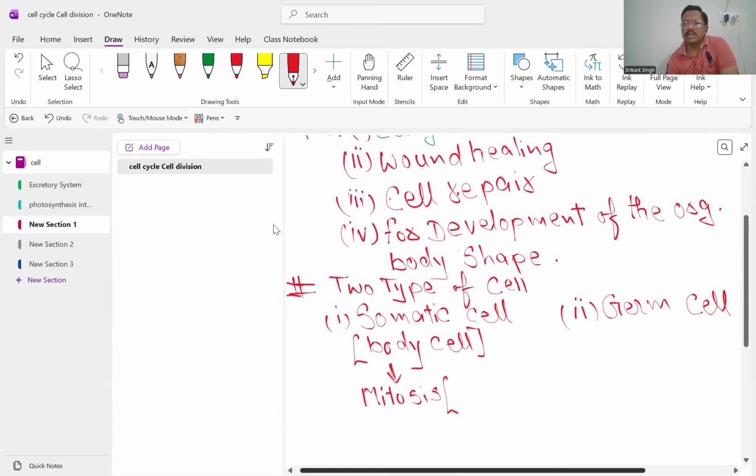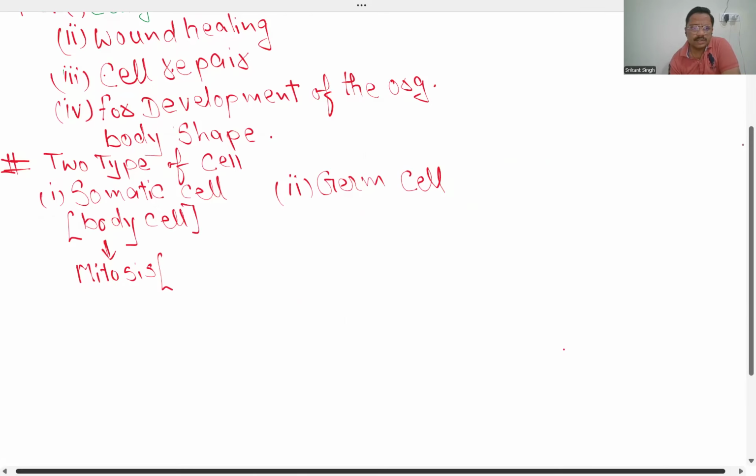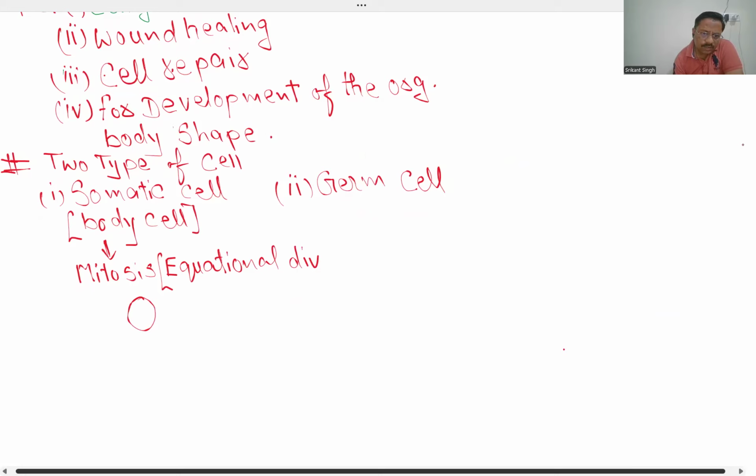Why do we call it equational division, students? Notice the word I'm writing: equational division. It means the parent cell, suppose it has 46 chromosomes.